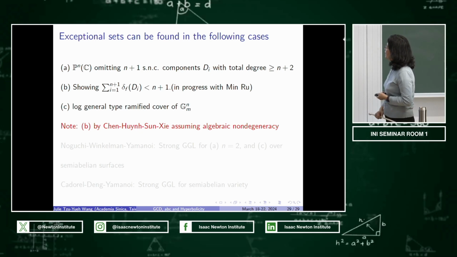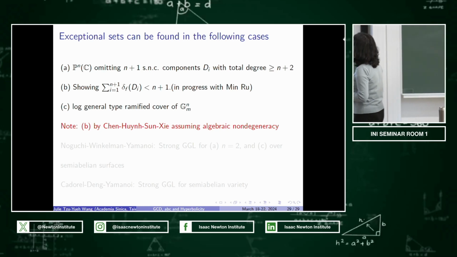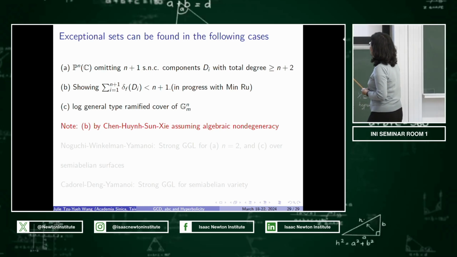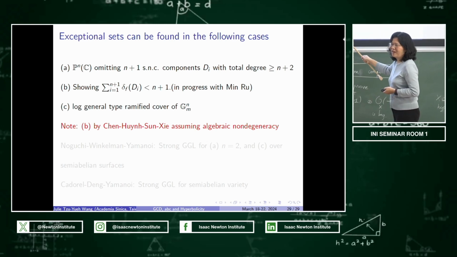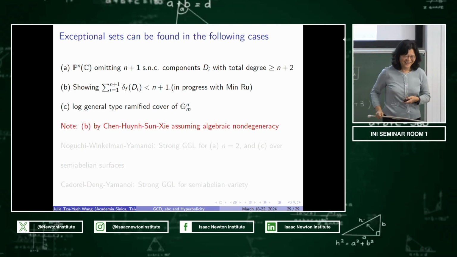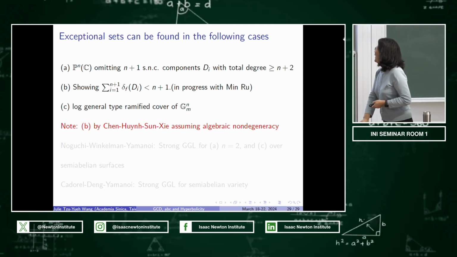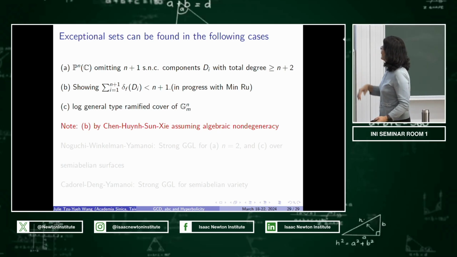our result B is actually inspired by the result of Chen, Huang, Sun, and Cai. Our speaker and our organizer are both not here. It is a very recent result, and they need to do something quite fancy, and they assume algebraic non-degeneracy. Our method is kind of elementary.